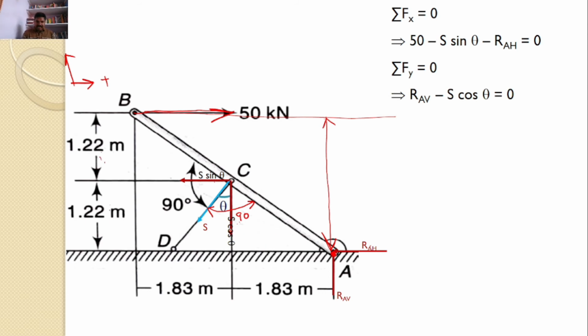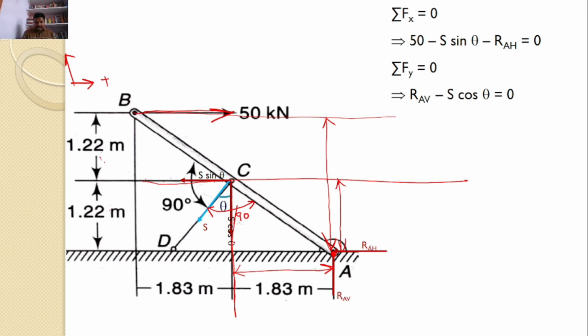Next, this is the line of action for S cos theta, and this perpendicular distance is also given as 1.8. Next, this is the line of action for S sine theta, and I require this vertical distance. This vertical distance is not given.